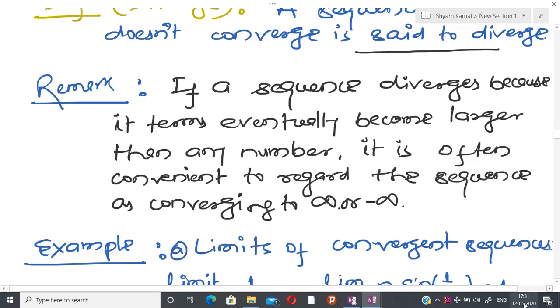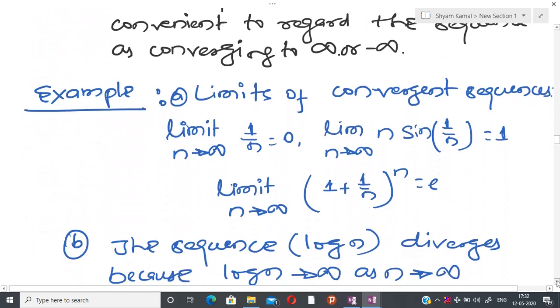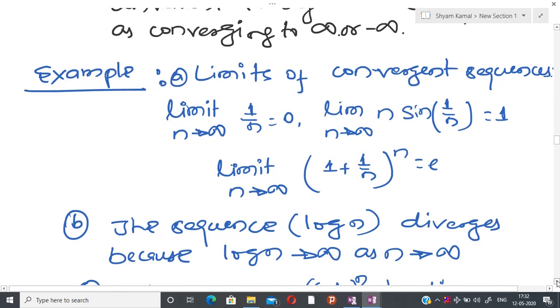Let us see the examples, since I haven't yet calculated the epsilon and delta ball. I will take one example and do that exercise, because that is very important. Then you will be able to understand the next idea, continuity as well as stability. If you have the sequence 1 by n, then the limit is 0.